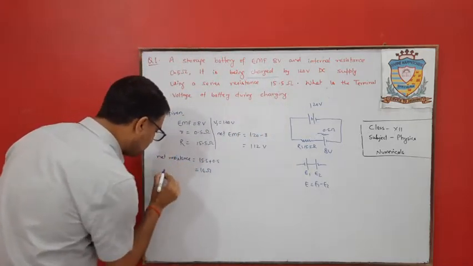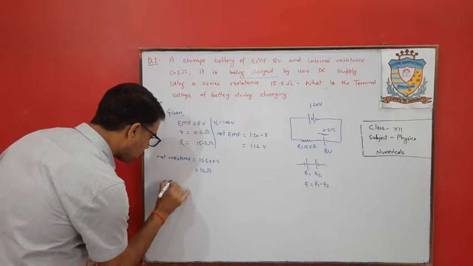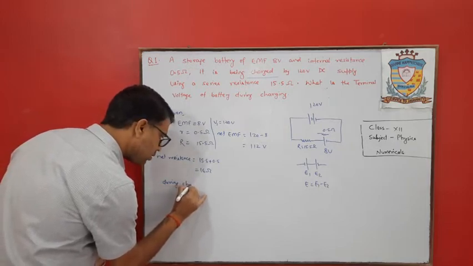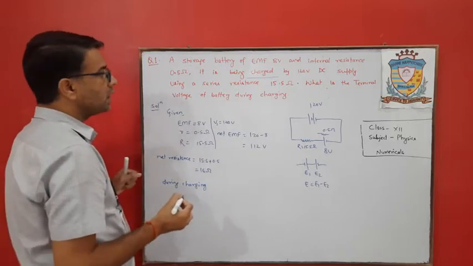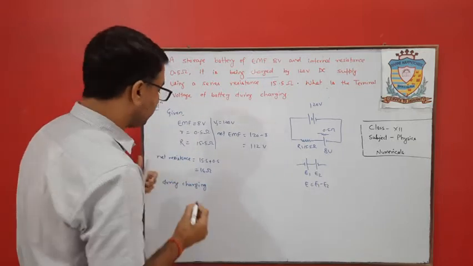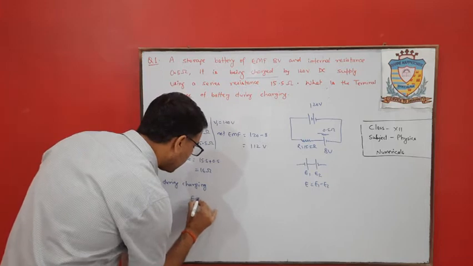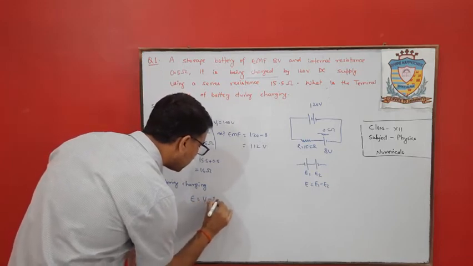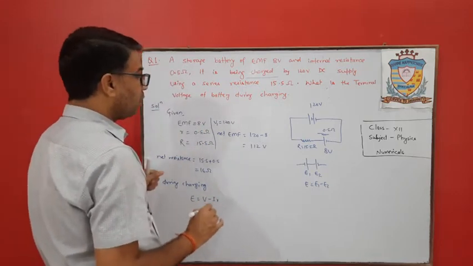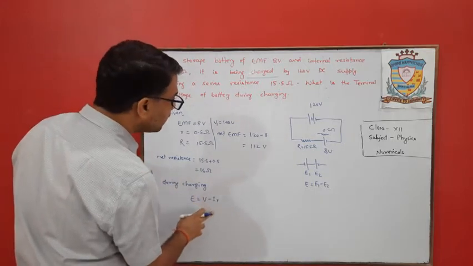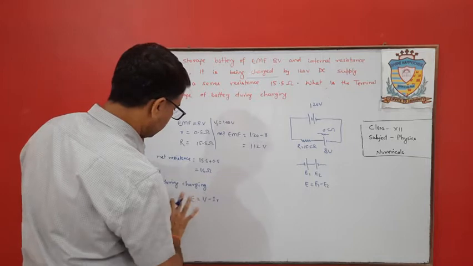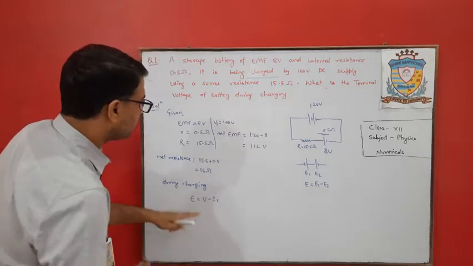So during charging, as we know, the terminal potential is greater than the EMF. So we'll use the formula E is equal to V minus Ir.